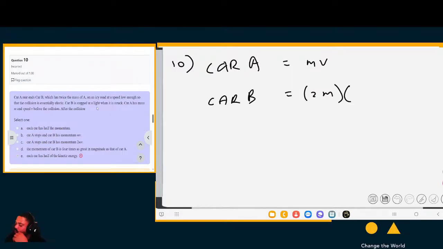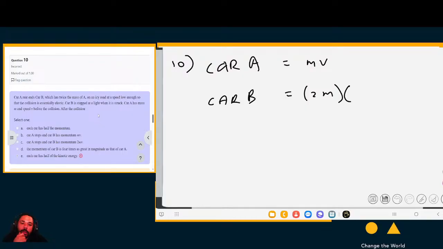Car A is twice the mass of car B, and since it was originally still on the road, it was stopped at the red light when it was struck, and it starts to move.